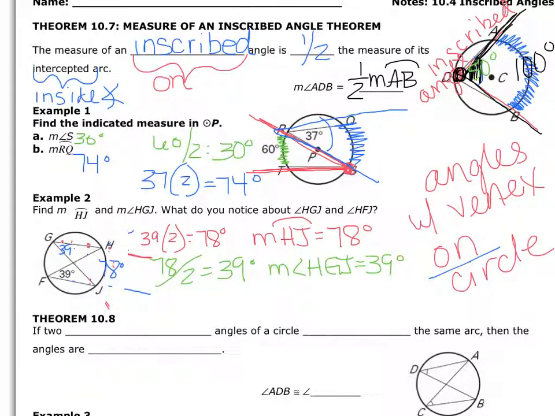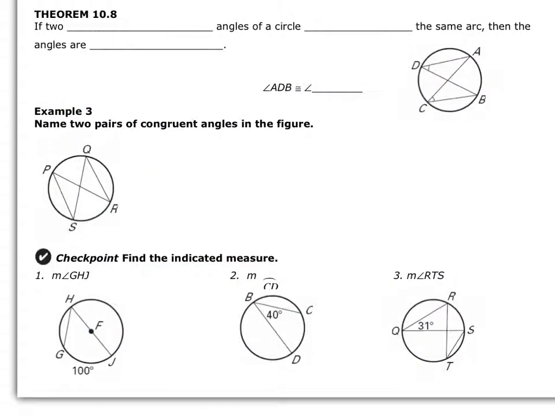If two inscribed angles of a circle share the same arc, then the angles are congruent, just like we found there. Again, inscribed means the vertex is on the circle. If the inscribed angles share the same arc, then the angles are congruent.